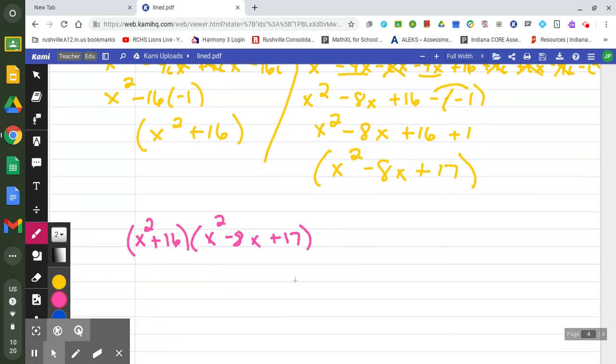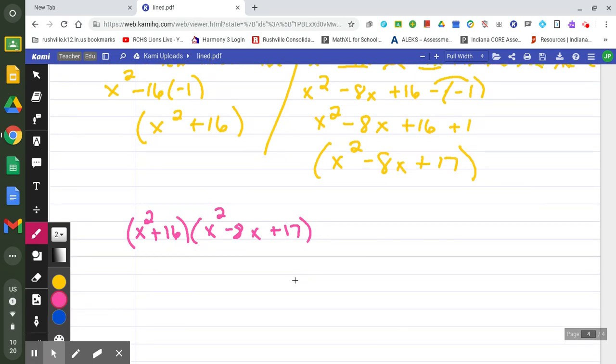Okay, so what we are now multiplying was this set of parentheses and this set of parentheses. I just wrote them down here to make it a little cleaner. So we've got x squared times x squared gives us x to the 4th. X squared times -8x is -8x to the 3rd. X squared times 17 plus 17x squared.